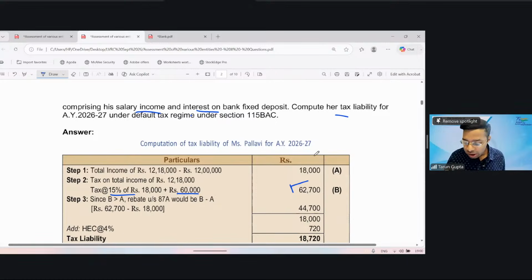So there is a marginal relief of 44,700. How do I compute marginal relief? I believe that you know this. You just have to compute the tax on 12 lakh and compare this tax on 12 lakh with the tax on 12 lakh 18,000, which is your income. And the additional tax should not exceed the additional income. The tax on 12 lakh.